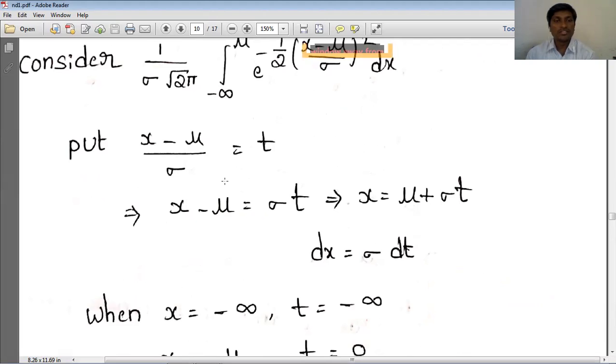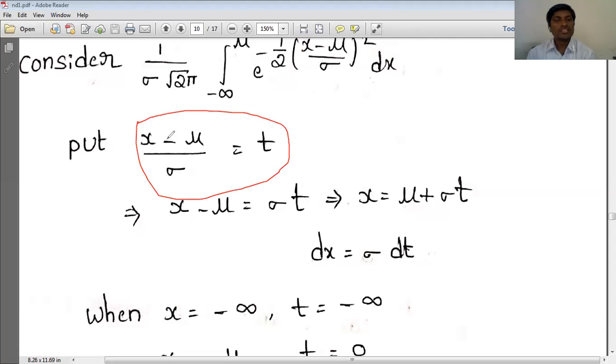For that, when x is equal to minus infinity, what about t? If you substitute in place of x as minus infinity, minus infinity divided by anything is minus infinity. So t is equal to minus infinity as it is. And next, what about the other limit? When x is equal to mu, what about the t limit? If we substitute x as mu, we get mu minus mu by sigma.